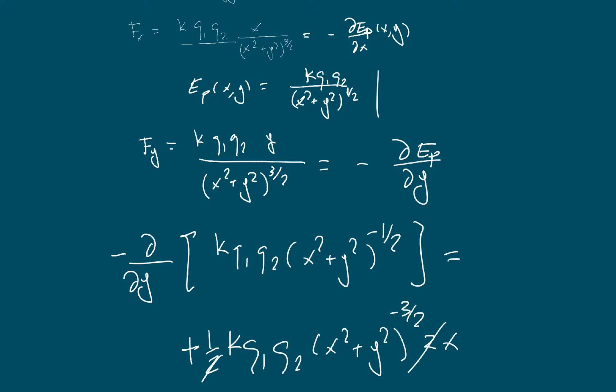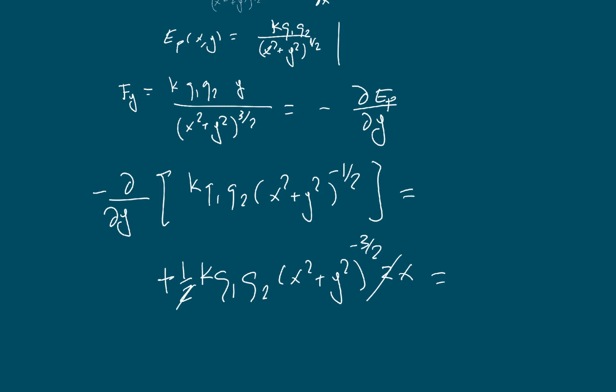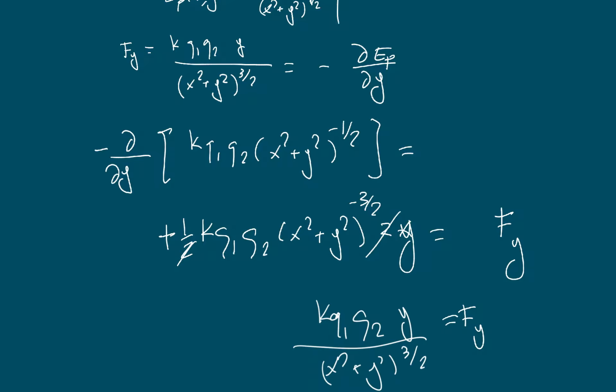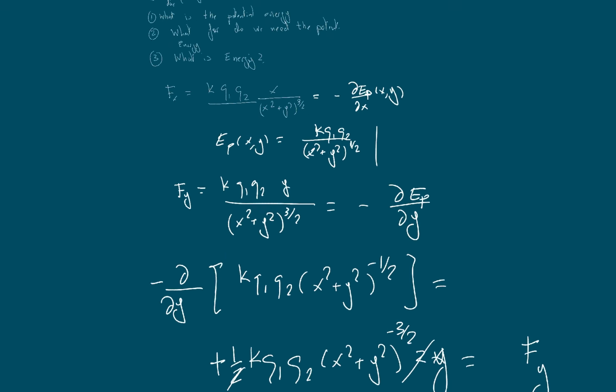The 2 will cancel, and I have that minus the partial derivative with respect to y is f sub y. F sub y is k q1 q2 y divided by x squared plus y squared to the 3/2. Perfect.